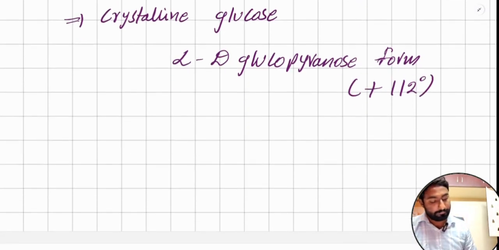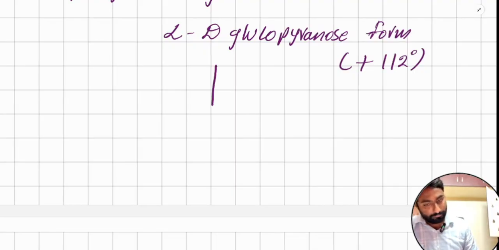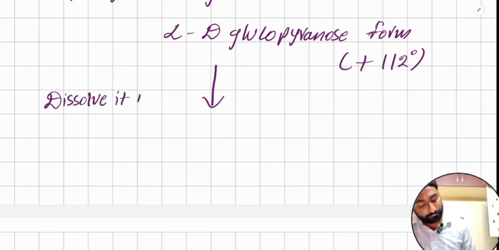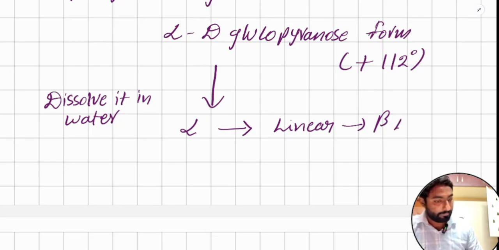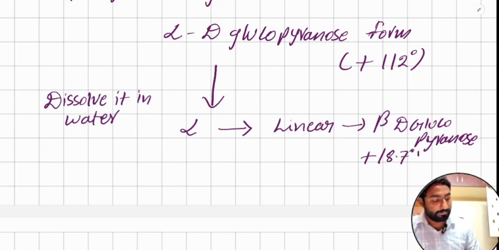Okay. Now, whenever you dissolve it in water, this alpha form loses its cyclic structure to form a linear one, and it is again converted into the beta form, beta-D-glucopyranose, which has an optical activity of plus 18.7 degrees.